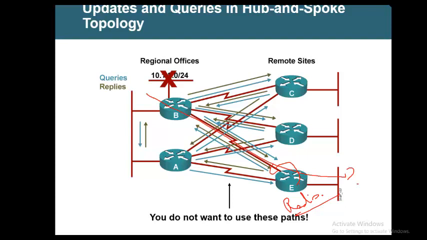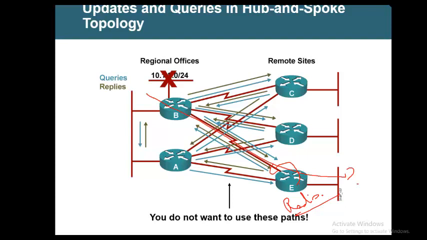What you can redistribute from static into EIGRP, that is a redistribution. I can redistribute from OSPF into EIGRP or BGP into EIGRP. Taking routes from some other source and giving them to EIGRP is a redistribution inside EIGRP.